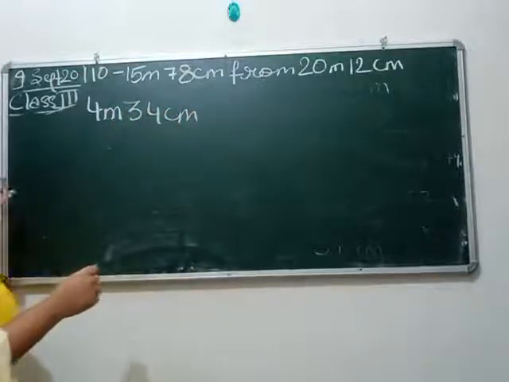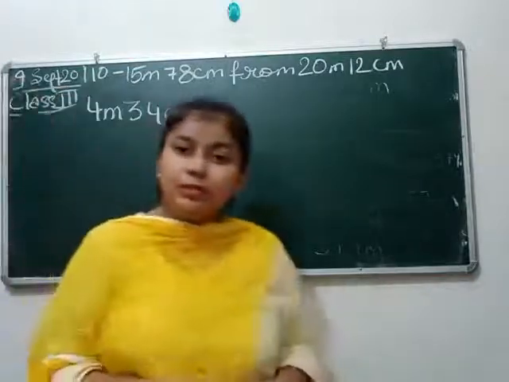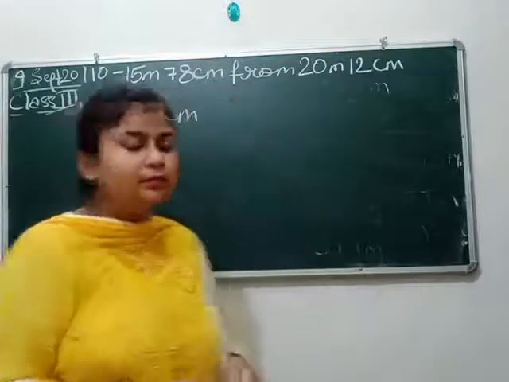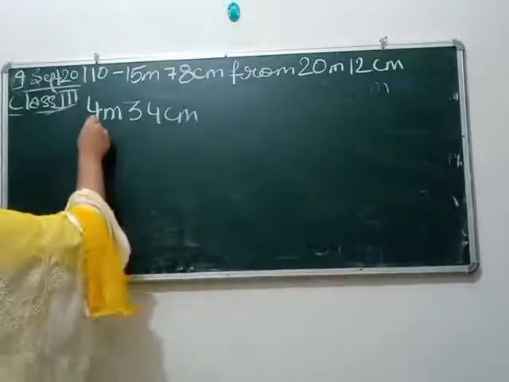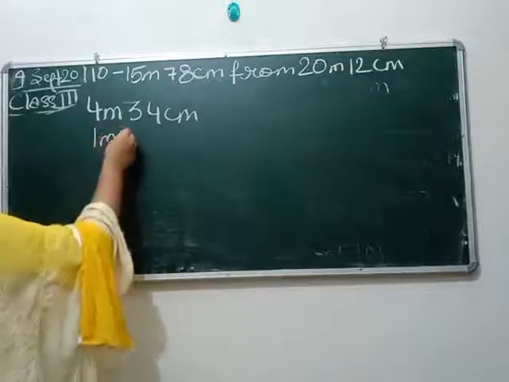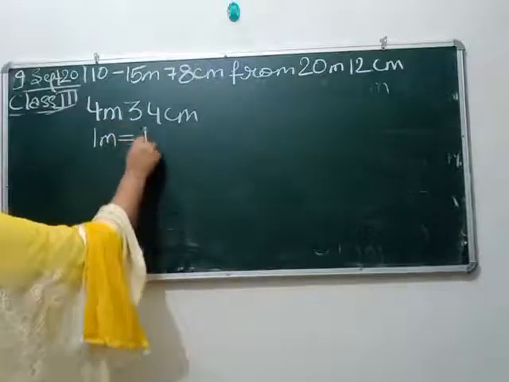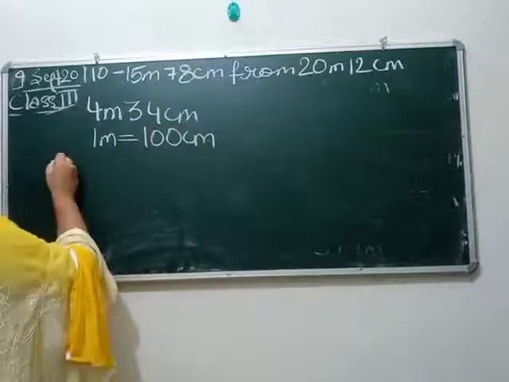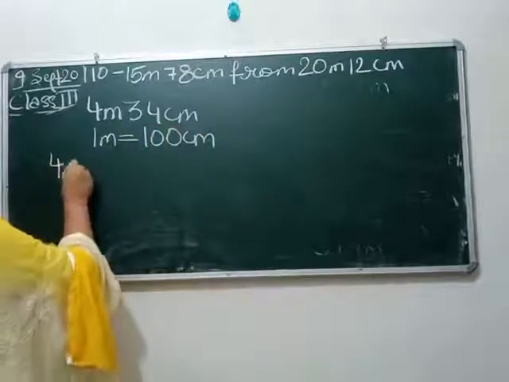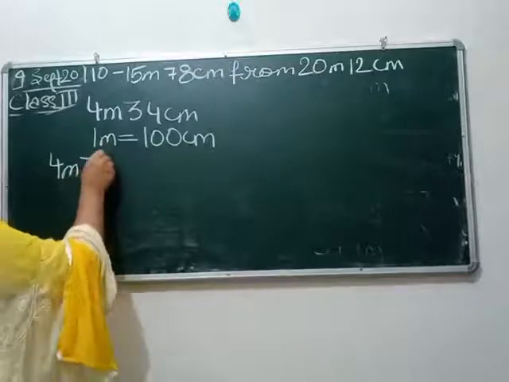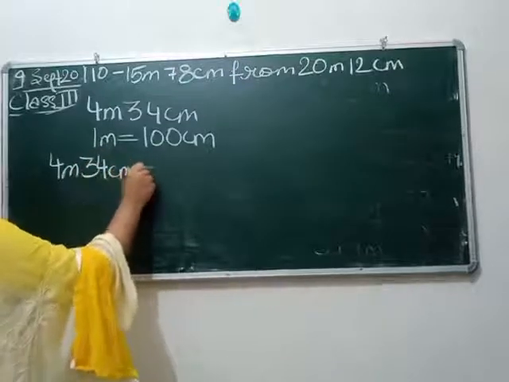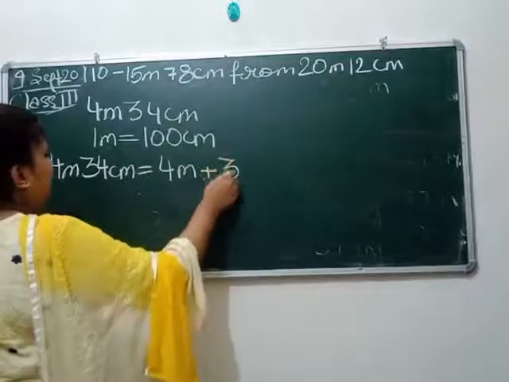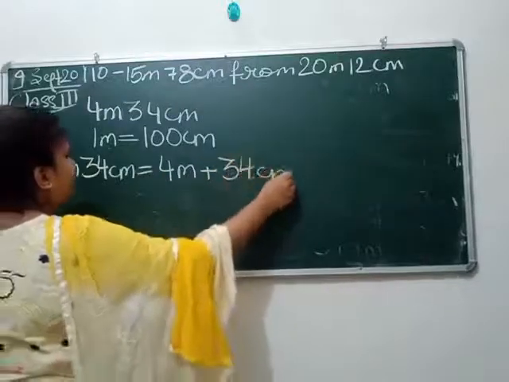Now 1 meter equals 100 centimeter, so we will write 1 meter equals 100 centimeter. Next we are having 4 meter 34 centimeter equals 4 meter plus 34 centimeter.